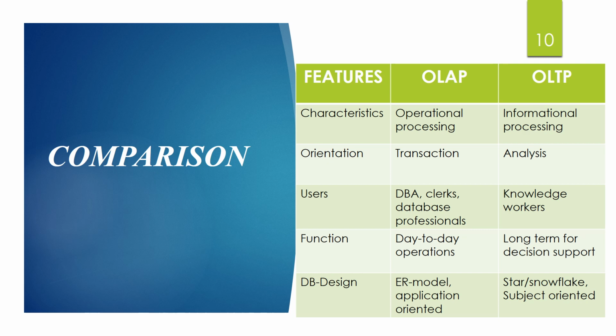OLAP's database design includes an ER model that is usually application oriented. OLTP's database design includes a star or snowflake orientation. These are generally subject oriented.